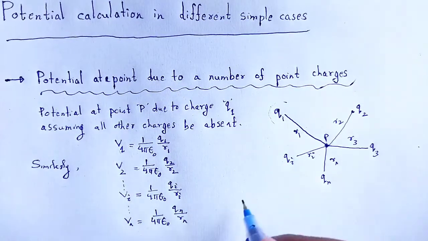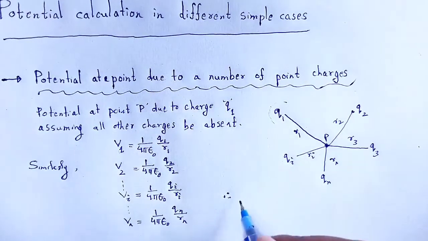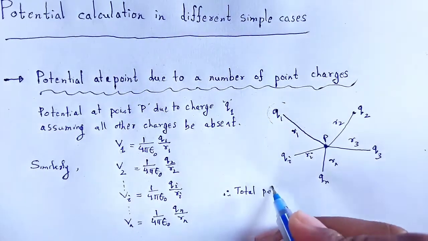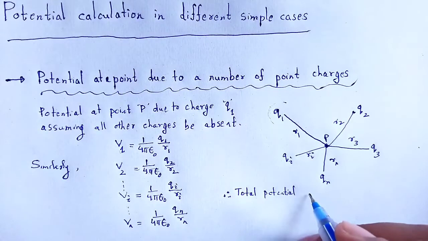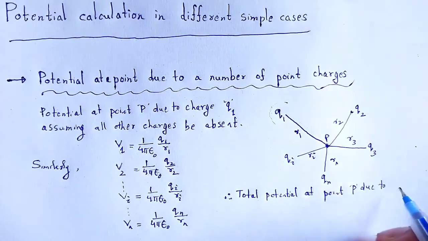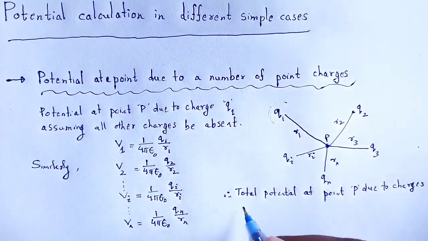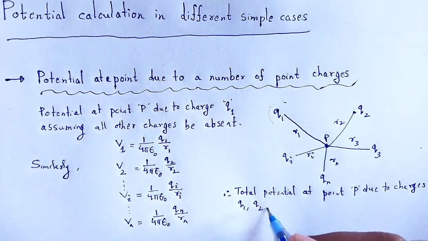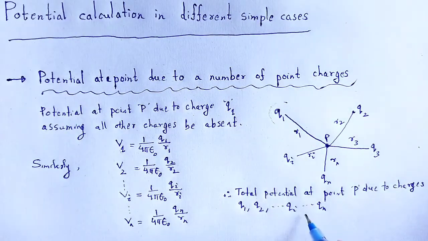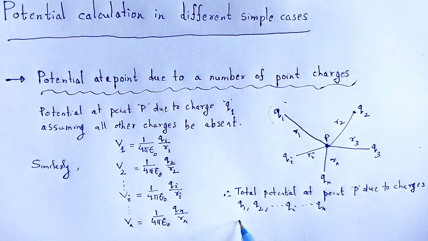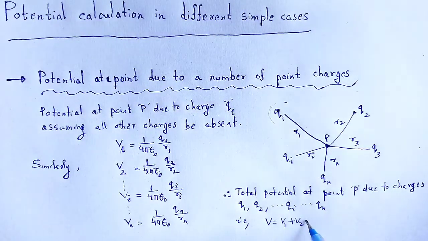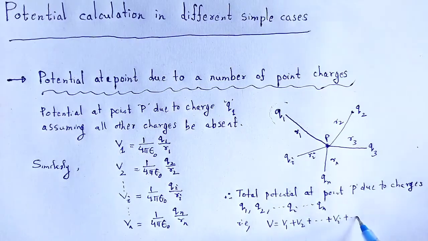Therefore, the total potential at point P is V equal to V1 plus V2 up to Vi up to Vn.